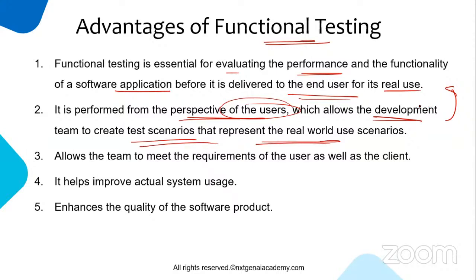What exception handling should I do? This is what a user will do. A user can give many negative values also. Possibilities are there, right? Accordingly, they can build it. These are the advantages: it allows the team to meet the requirements of the user as well as the client. It helps real usage of the system and increases software quality.